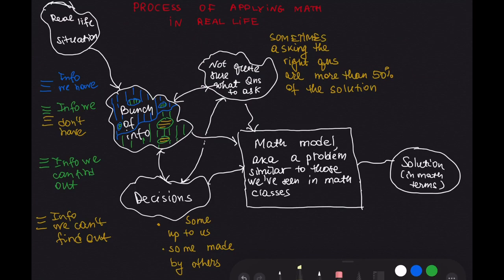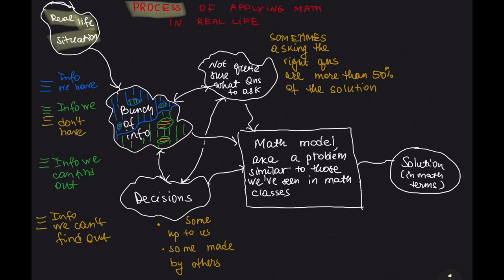Before we proceed any further, let us discuss the process that we use when we apply mathematical knowledge in real life. We usually start with some kind of real life situation that we want to address, and then to address this real life situation, we usually need to sift through a lot of information. Some of that information we have, some of that information we don't have.